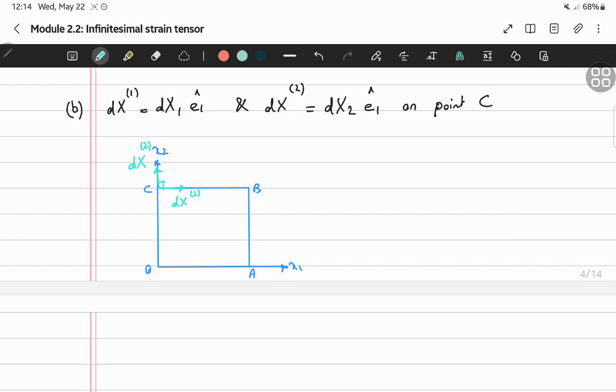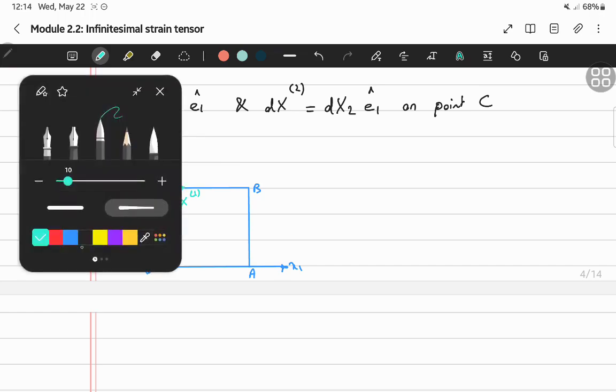But you can take any vector that you are comfortable with. We usually are comfortable with vectors which are orthogonal to each other, like dx1 and dx2, capital X1 and X2, of course, and we continue with those.